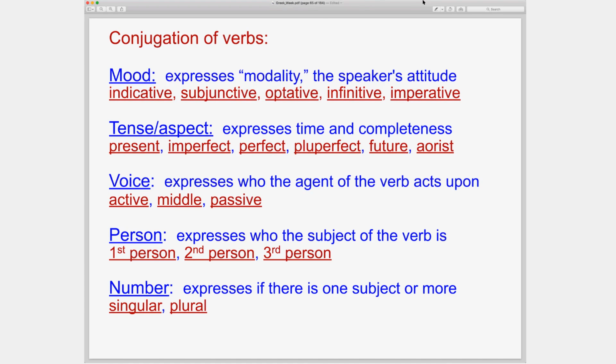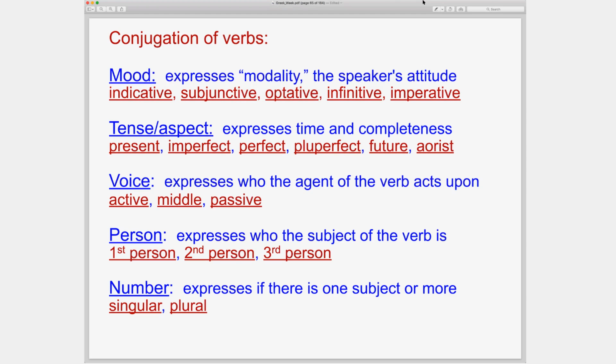Verbs are inflected according to mood, tense or aspect, voice, person, and number. Mood expresses the modality, the speaker's attitude.